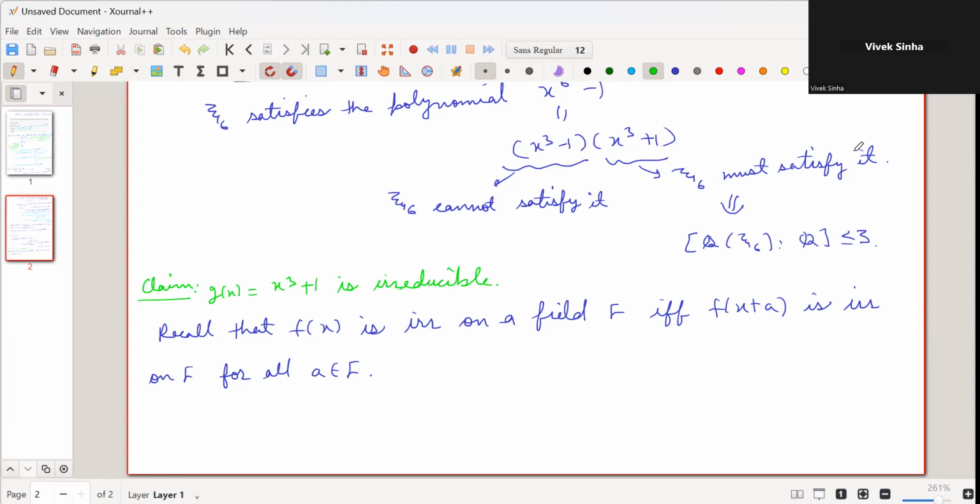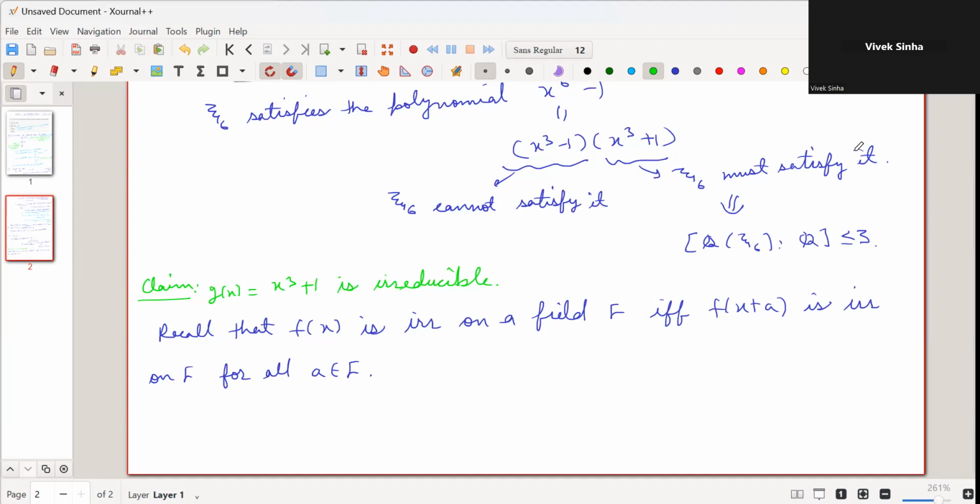It says 2 must divide a₀, a₁, up to aₙ₋₁. 9 is not divisible by 2, right? Only a₁ and a₂ will be divisible. That's the case here also: a₁ is 0, a₂ is 0. They are divisible. We want a₀, a₁ and a₂ to be divisible, and aₙ should not be divisible. And also p² should not divide a₀.